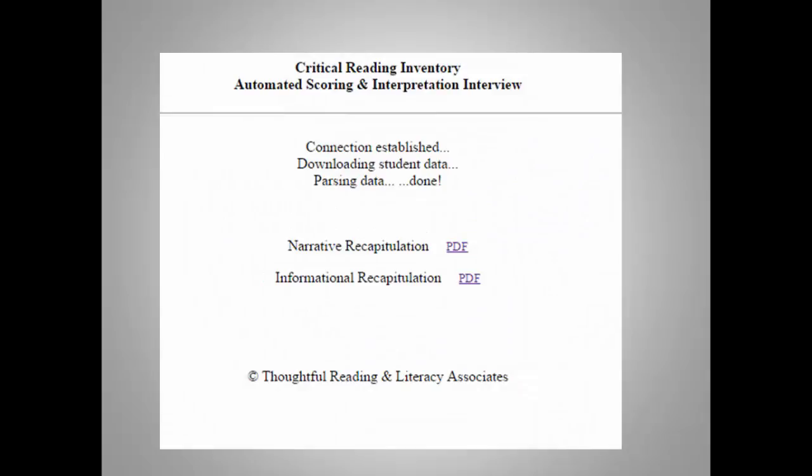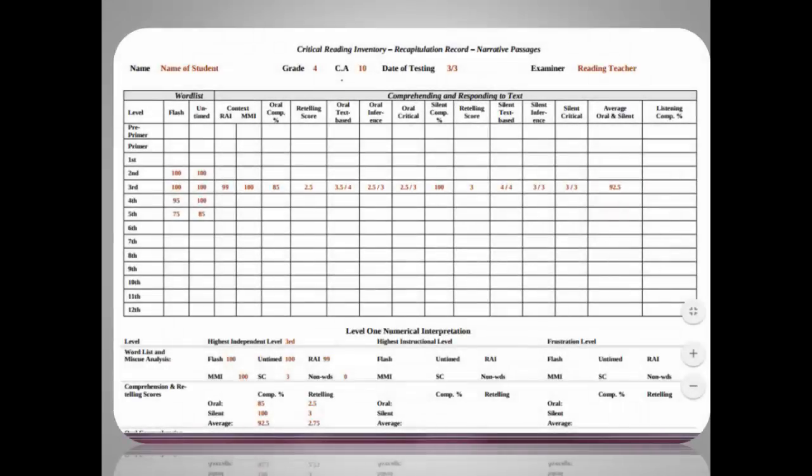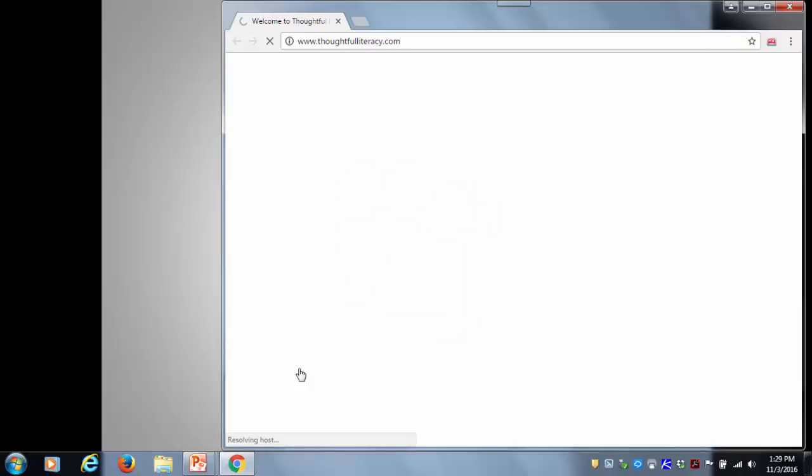All right, then what we would do is we would activate the narrative, rather the recapitulation record, and that will appear just like that. Now that sounds complicated when you look at the visuals, folks, so what are we going to do? We're going to do it with you. And watch, it's rather simple.